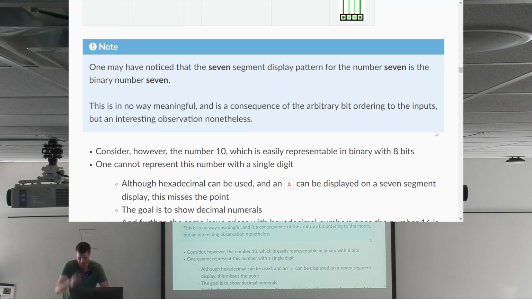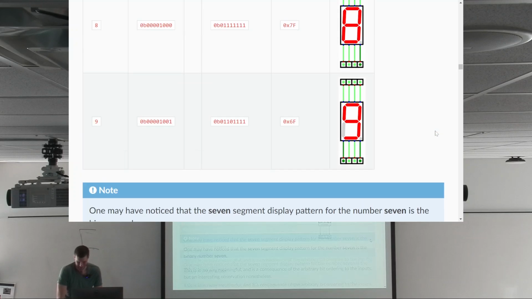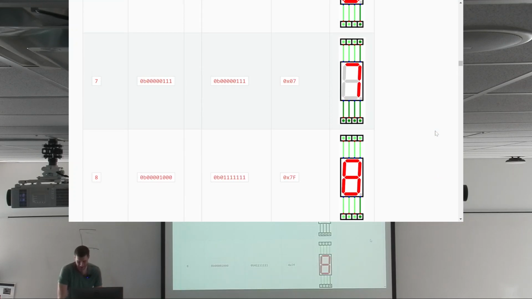Okay, one may have noticed that 7, oh by the way, this is so nice. This is just a quirk of the universe. The pattern for the number 7 for a 7-segment display is 7, which I think is so nice. Isn't that cool? 7, 7, 7, it's perfect. There's proof there's a God right there, I think. It's too good.